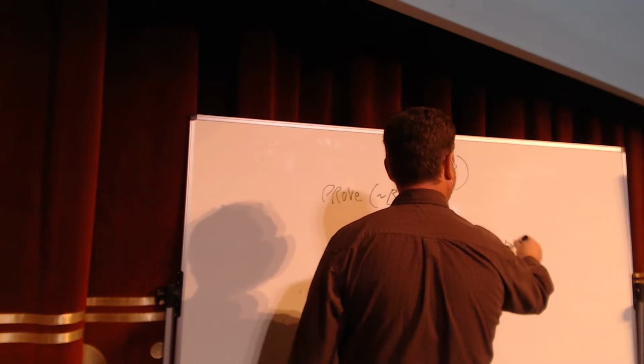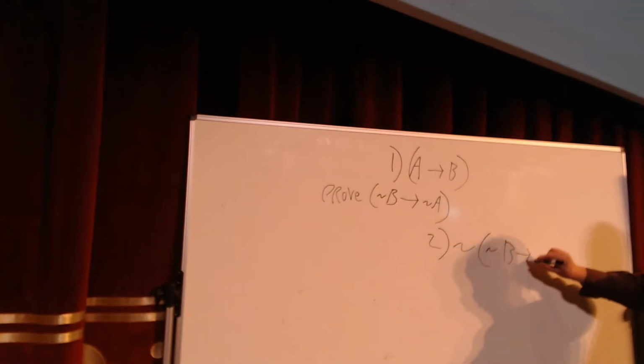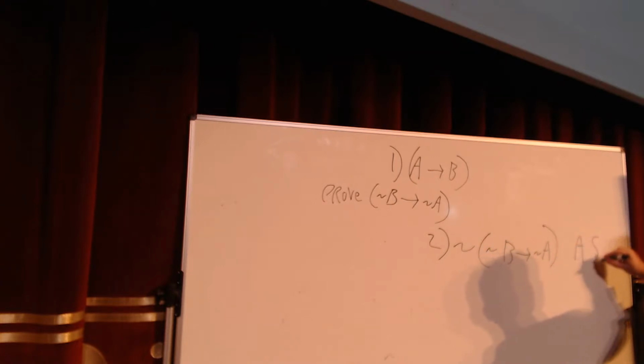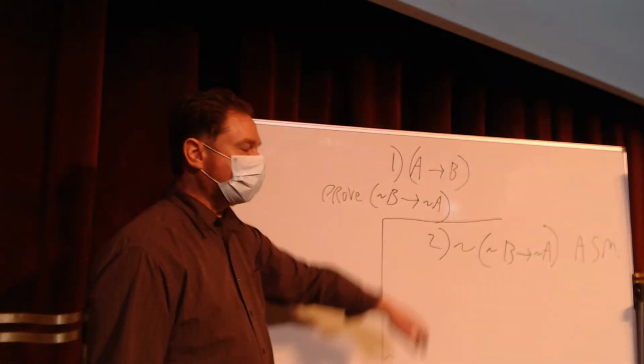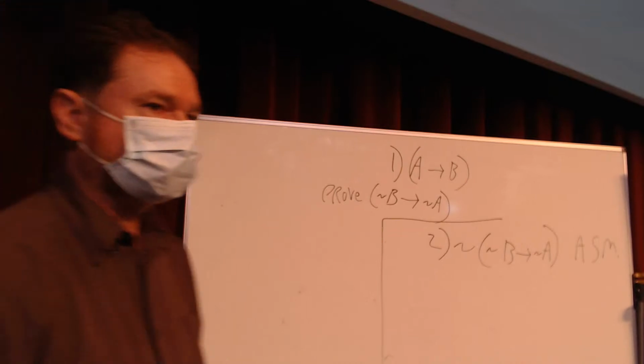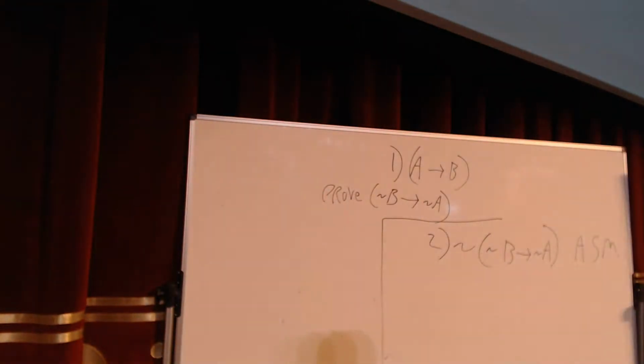If not B, then not A. And that is an assumption intended for RAA proof. We're going to block this off to keep track of the fact that we are now working off of an assumption. What do I do next?